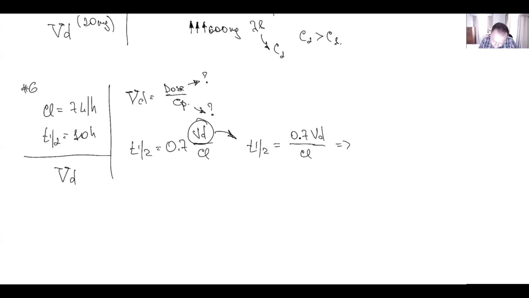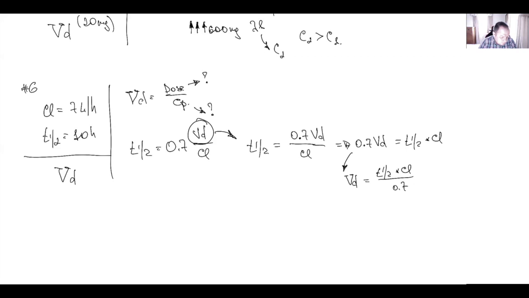And now you can find 0.7 volume of distribution will be equal to half-life multiplied by clearance. And to find volume of distribution from that, you need to divide the right part of the equation, right? So it will be half-life multiplied by clearance and divided by 0.7.